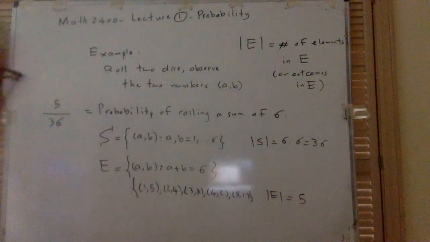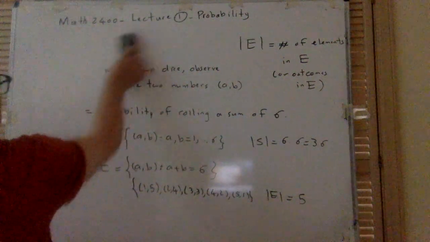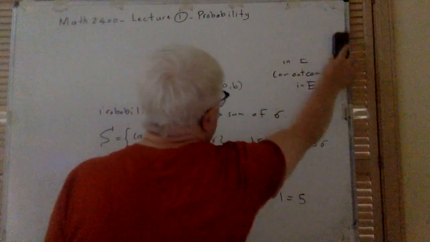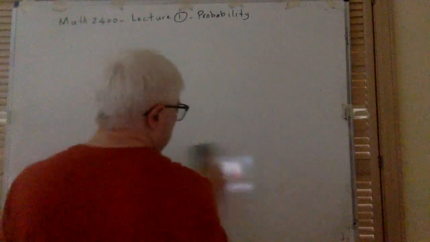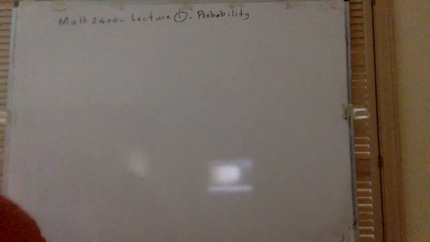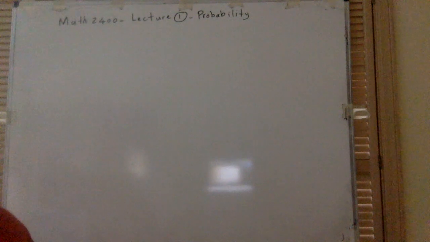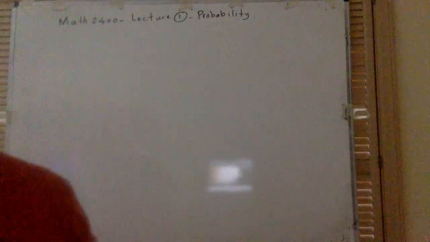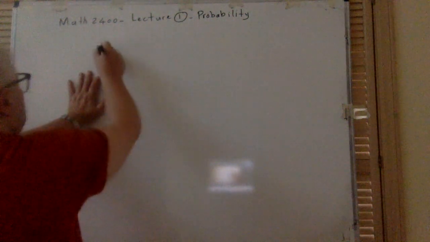Okay, so these are the 2 simple examples of probability, and let's see. Yeah, I see that the book uses prime, so probability of a complement.